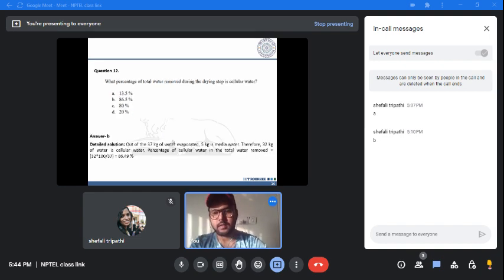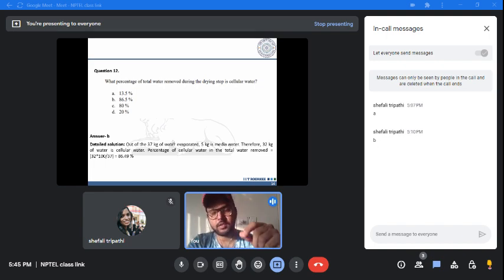So 37 kg of water evaporated, and 5 kg is media water. Therefore 32 kg of water is cellular water, and the percentage of cellular water of the total water is 32 of 37 kg of water. So that will be 86.49 percent.